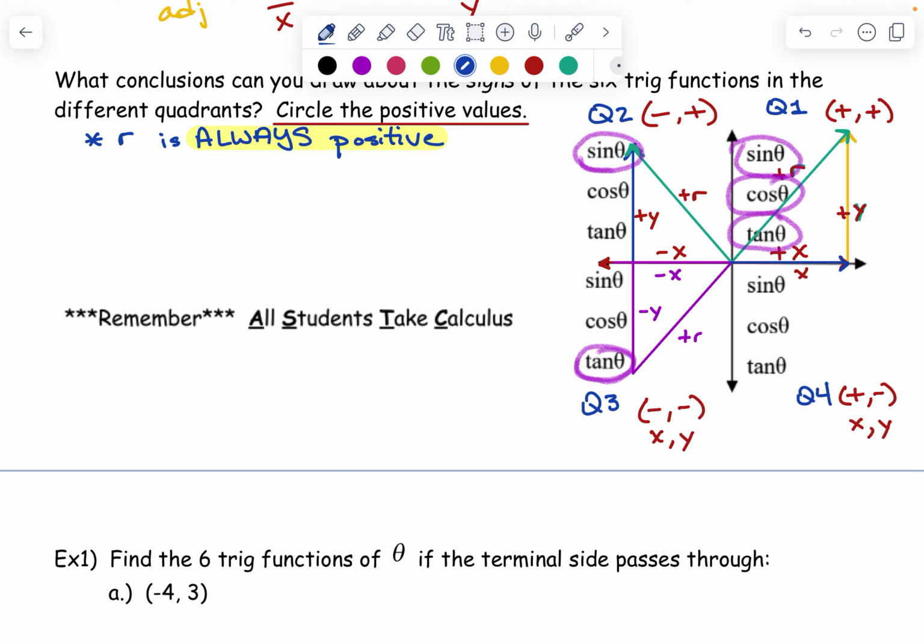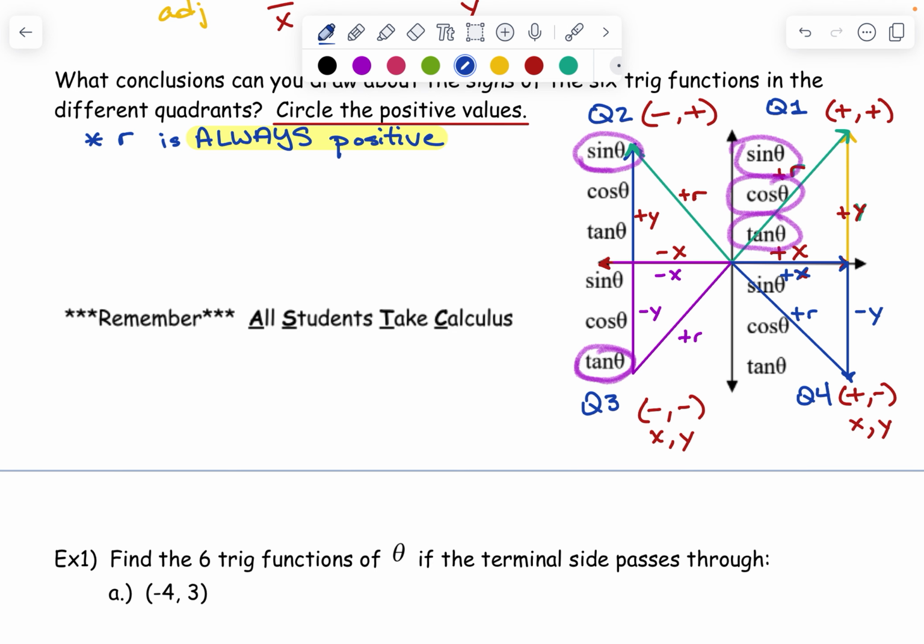And then for my last quadrant, if I go right, positive x, down, negative y, sorry, that arrowhead was horrible, negative y, and then I connect using my r, my terminal side, my radius. I've got positive x, negative y, always positive r.